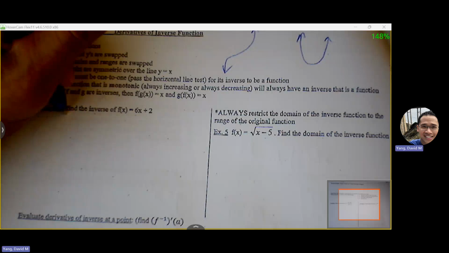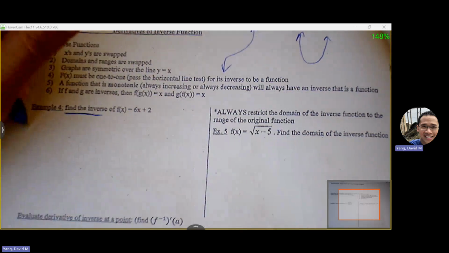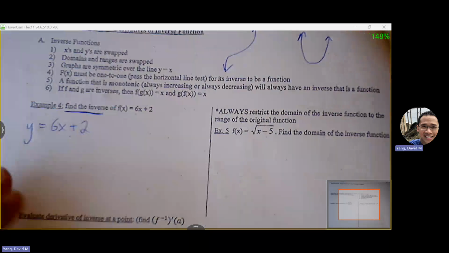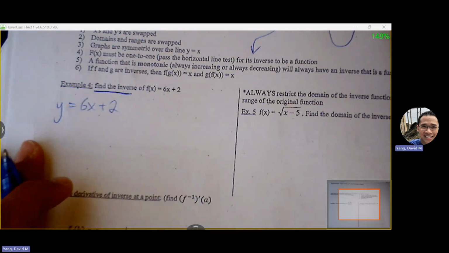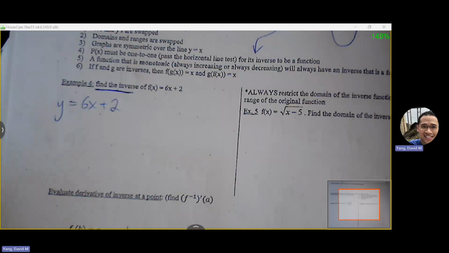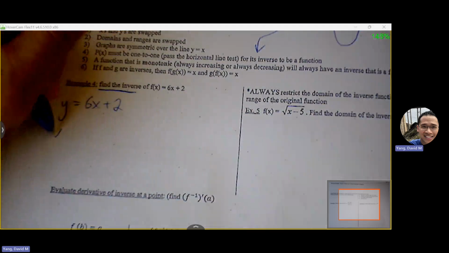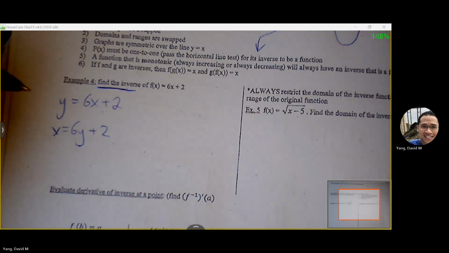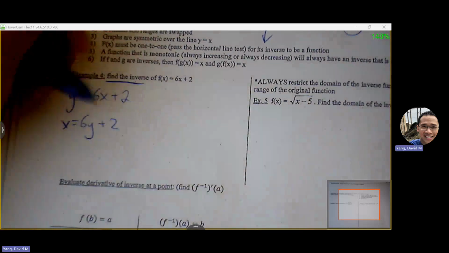So just as a review here, if we want to find the inverse of y equals 6x plus 2, we do two things. We swap the x and y, and then we solve for our new y variable. The fact that we're swapping the x and y is essentially causing the domain and range to also be flipped. X for one will be y for the other. Now I want to solve for my new y variable.